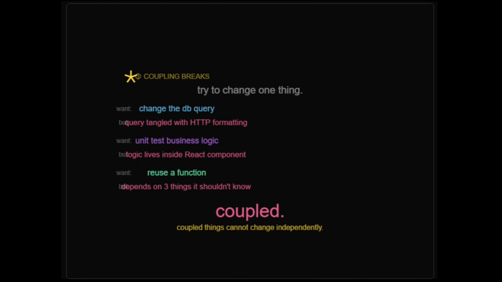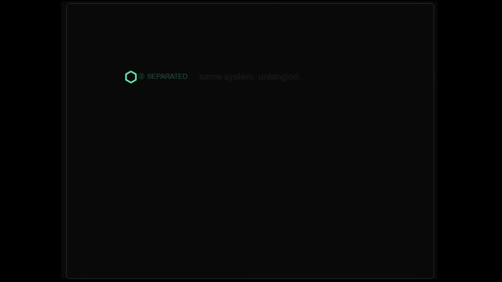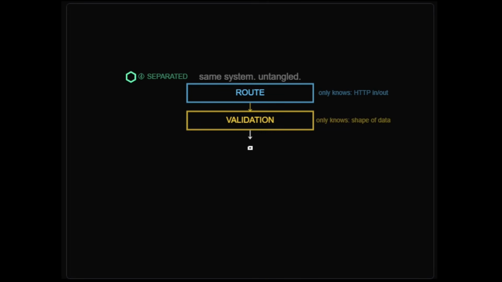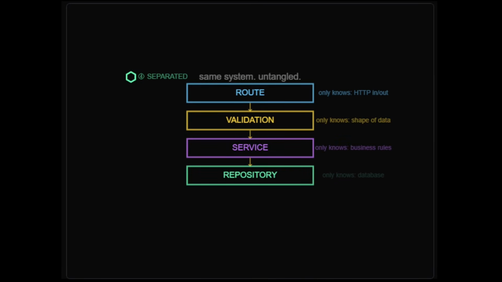The rule is straightforward. Each piece of the system should know about exactly one concern, not because it's elegant, because it's practical. A route handler that only knows about routing can be changed without touching business logic. A service that doesn't know anything about HTTP can be tested without spinning up a server.